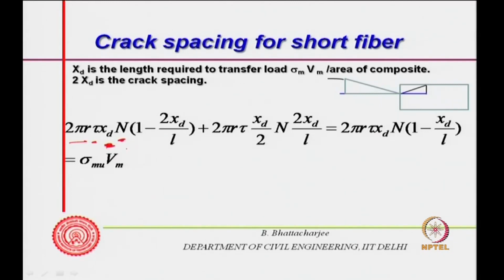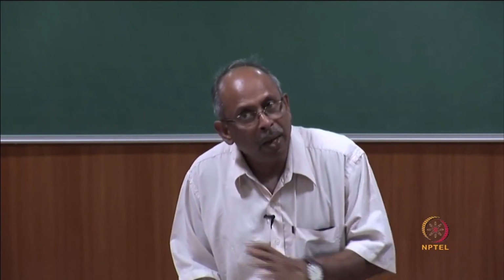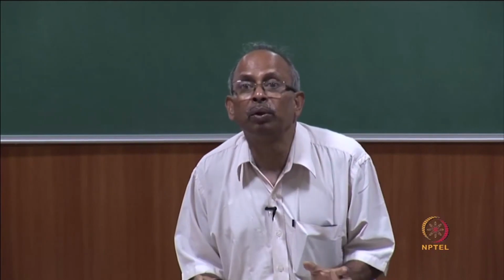And this is the n fiber if it was aligned fiber. Now, the number of fibers that will be effective in transferring full load will be 1 minus twice x d divided by L, where L is greater than twice x d. If this fraction is 1, then there will be no fiber effective, because if it is just L c, not a single fiber will actually be effective to transfer full length on both the sides.